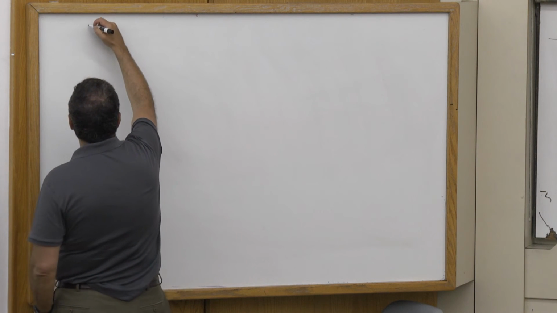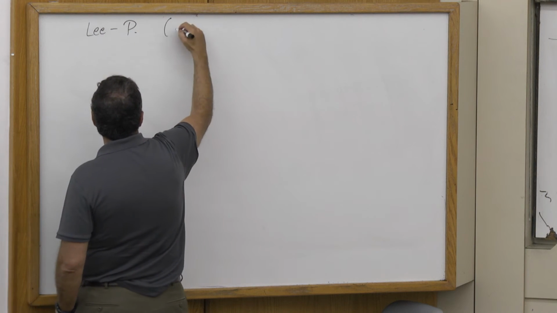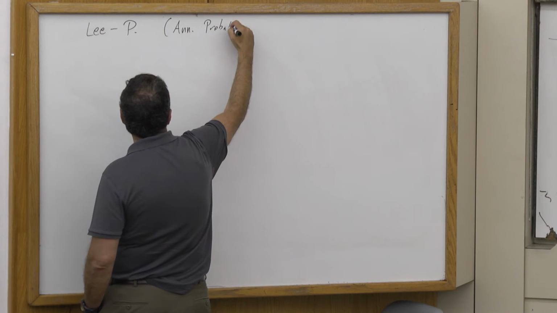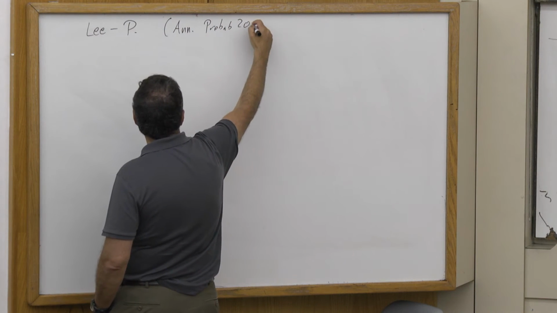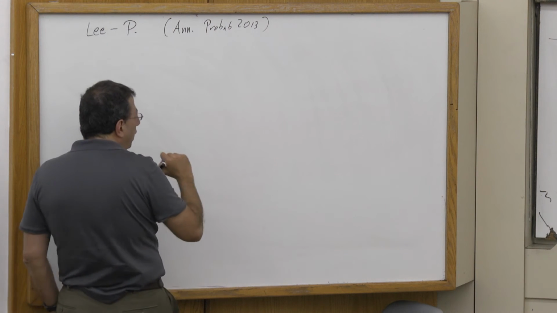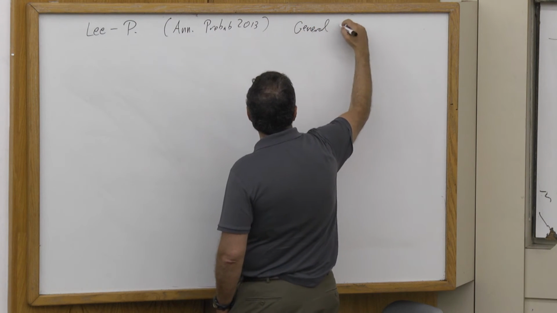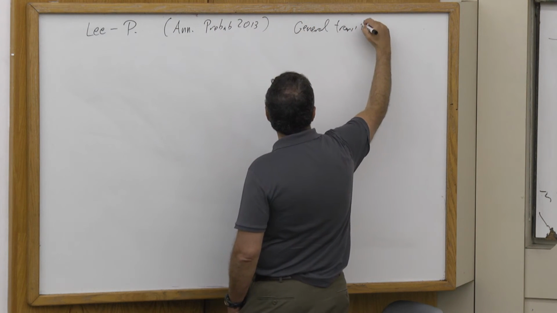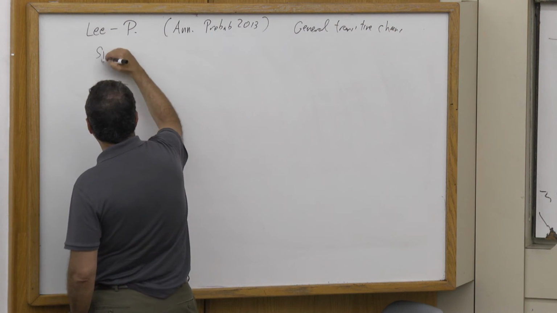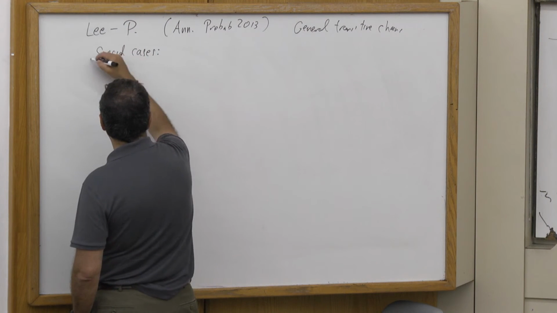This is a paper with James Lee that appeared a couple of years ago in Annals of Probability, I think 2013. It's about general transitive chains, more general than Cayley graphs, but let me just focus on the following two special cases of the theorem in that paper.